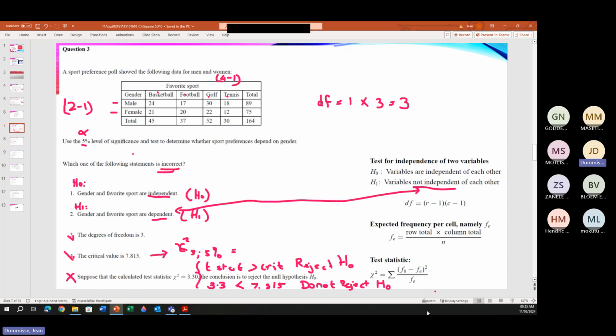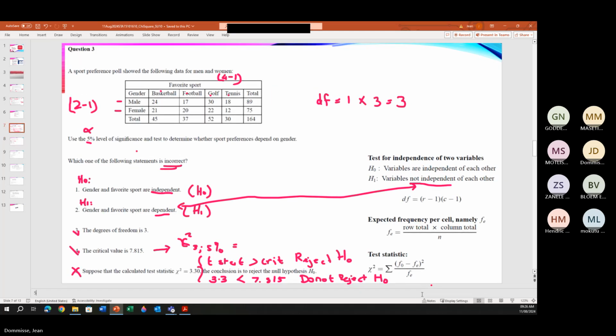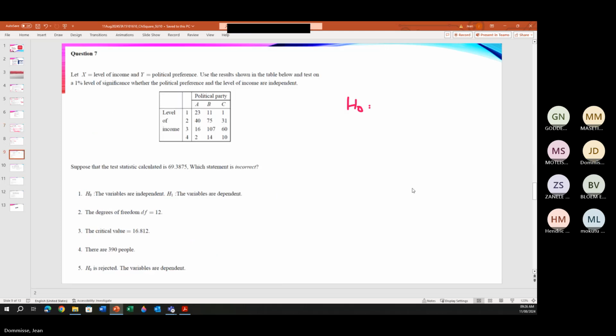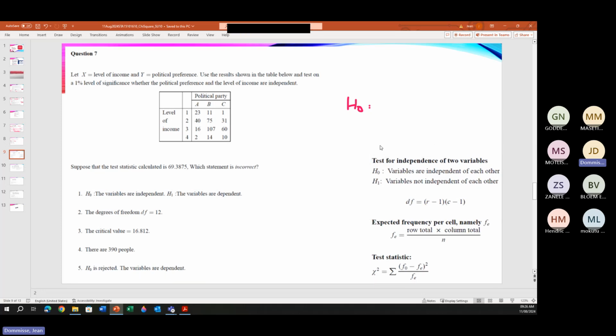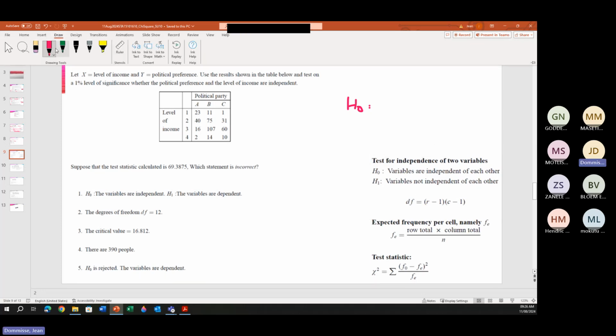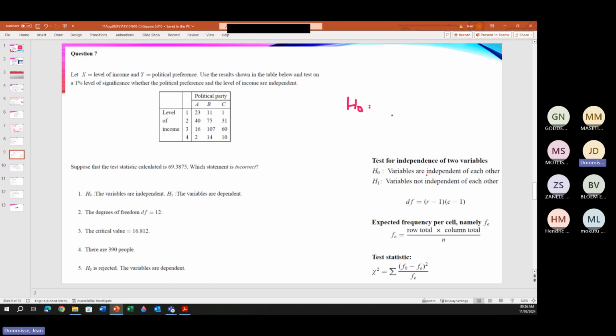Let's just copy this over so that you can see. Firstly, the null hypothesis: what do we do with the null hypothesis? We test independence.